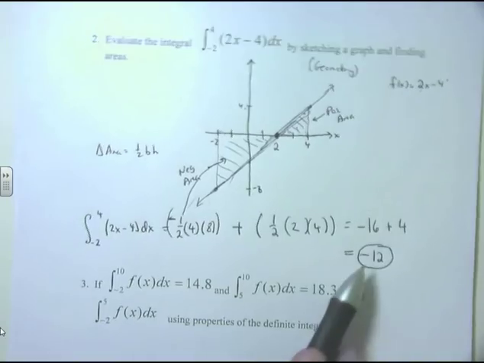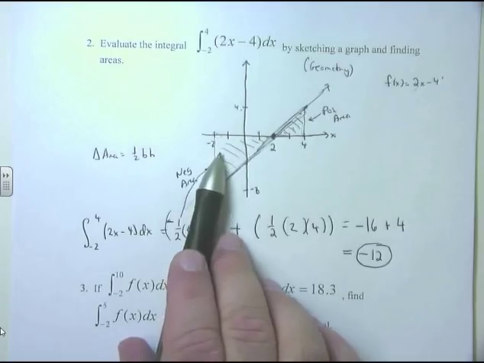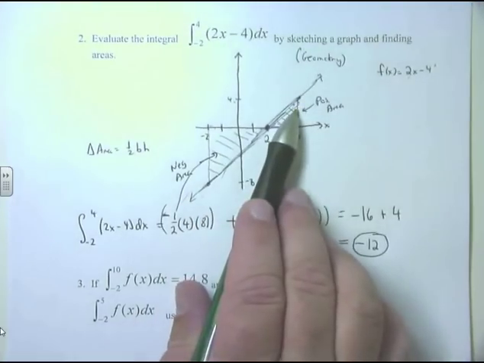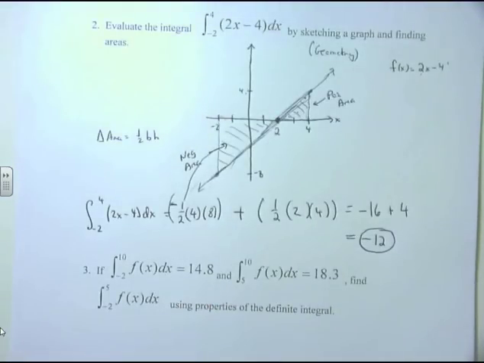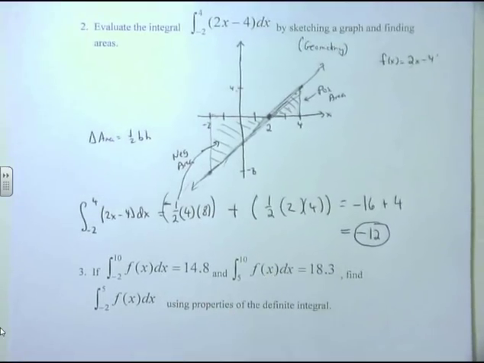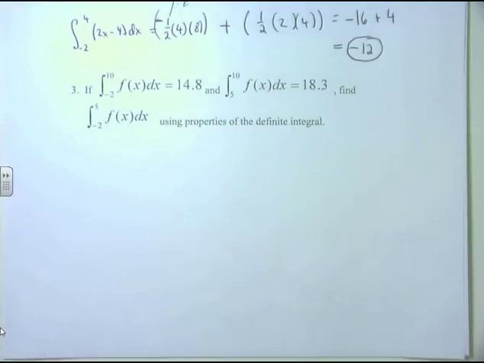The answer is -12. That's because you had more negative area below the x-axis than you had area above the x-axis. So this canceled with this much left over. Okay. Now, drumming those properties into your head, let's take a look at this next guy.